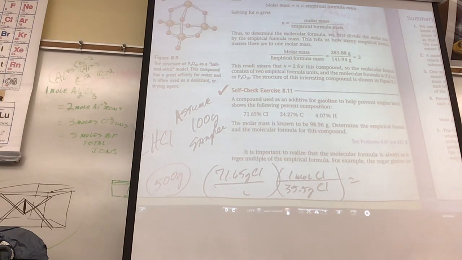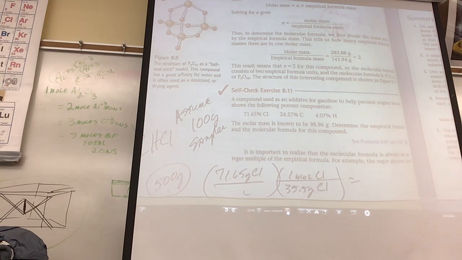For every one carbon, there's one chlorine and what? There you go. Now, we're almost done. How many people have the empirical formula so far? I don't have these memorized, but you got CH2Cl, is that correct? Did everybody get that?